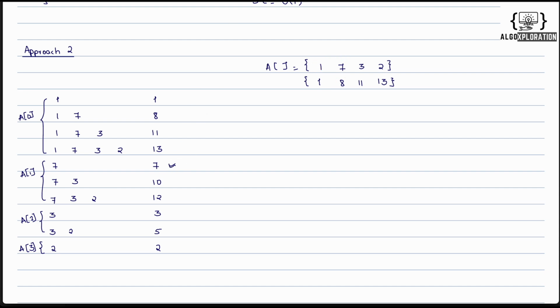right? Similarly, if we are talking about this 7 and 3, that is the second subarray which is starting from a of 1. Now we have the sum that is 11, and what does that mean? The sum of these elements, right? And we don't want this element, so simply subtract 1 from 11, we will get the answer as 10.